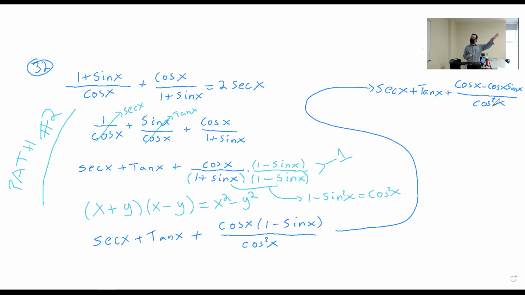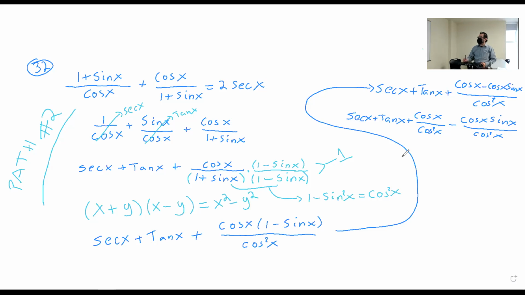Now, the same way I separated the factors at the beginning, I can do the same thing here. This is going to be equal to secant of x plus tangent of x, cosine of x, fine, it's like that. I'm just going to leave it here and do the eliminations in a moment. Minus cosine of x, sine of x, over cosine squared of x.